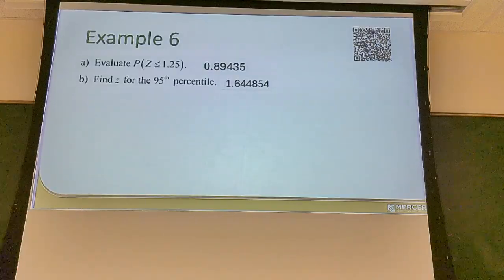So that means we're converting our values to z-scores. And then we'll be using the same technique as we did today. Of course, with technology, it's a lot easier because you can just put in what the mean and standard deviation are and have it give you the area.